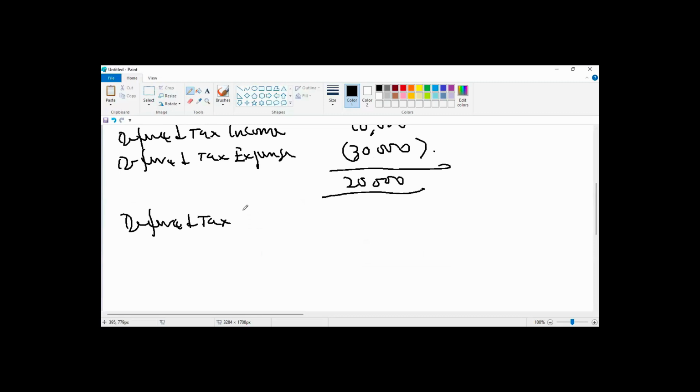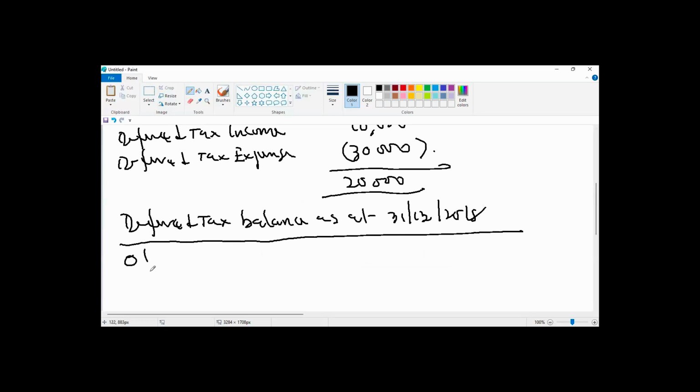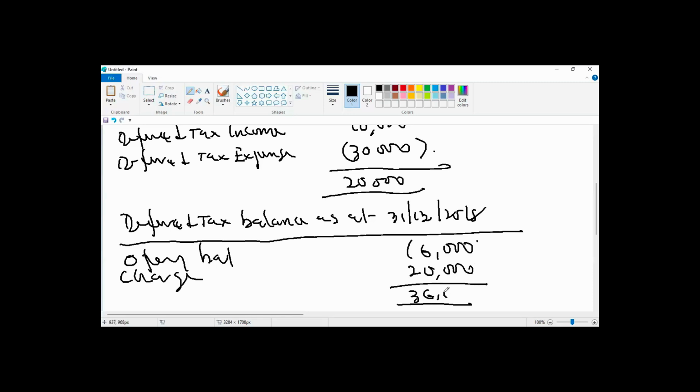Deferred tax balance as at 31st December 2018: opening balance of 16,000, charge of 20,000. That is all.